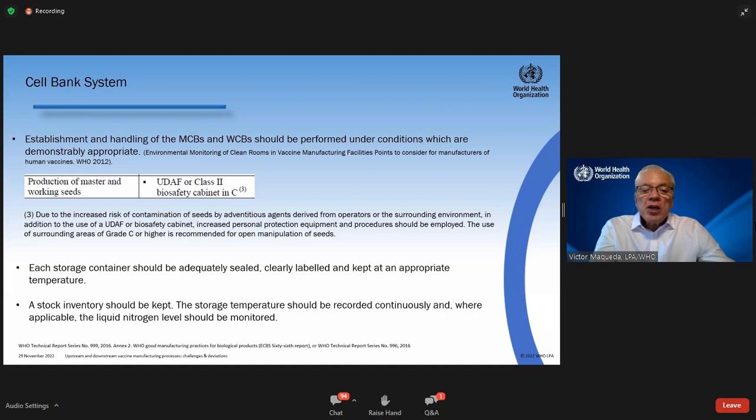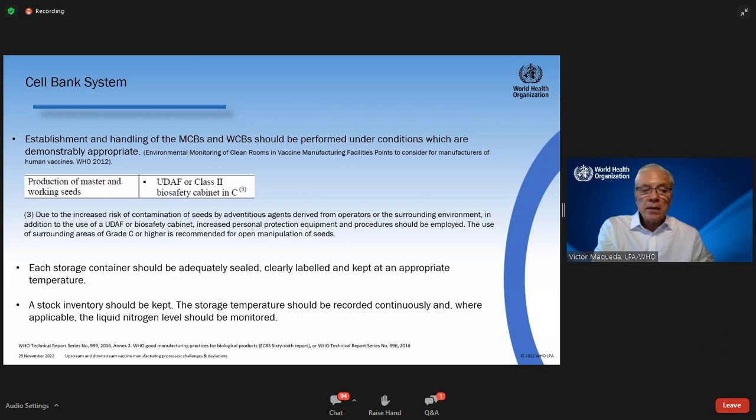Each storage container should be adequately sealed, clearly labeled, and kept at an appropriate temperature. This is important in terms of traceability. So the manner in which we label, the type of label that we use, for example, which should be adequate for very low temperatures and maybe some humidity, is important.